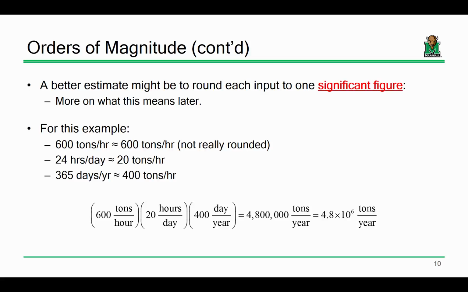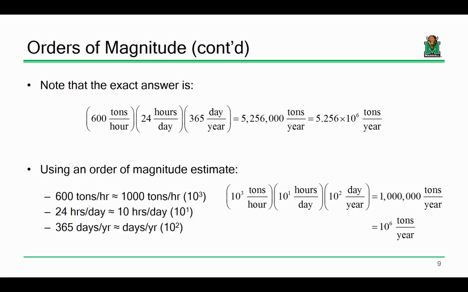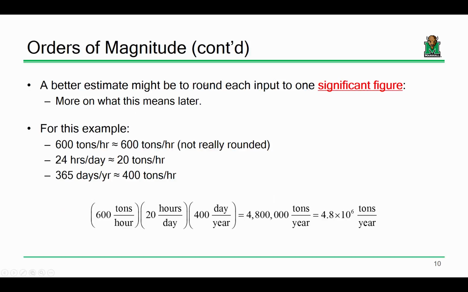We could improve on that though, right? We don't necessarily have to round 600 tons per hour to 1,000 tons per hour. Instead of rounding everything to an order of magnitude, we could round to the nearest significant figure. So we would leave the 600 tons per hour as 600 tons per hour, and we'd round 24 to just 20, eliminating that second digit.